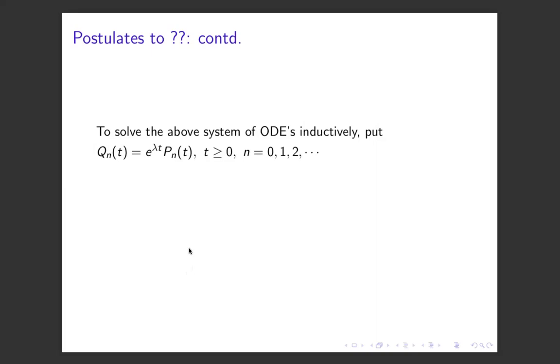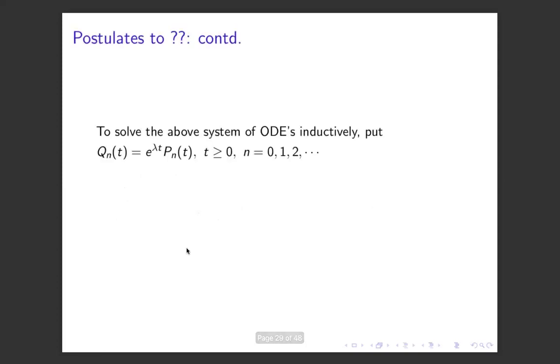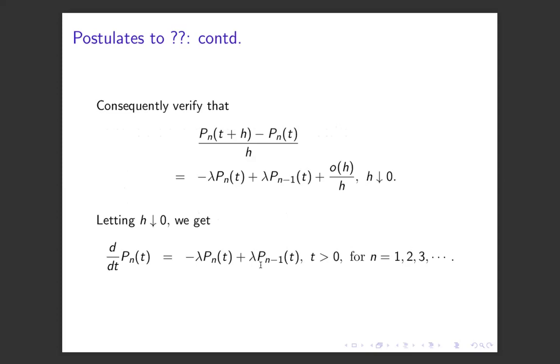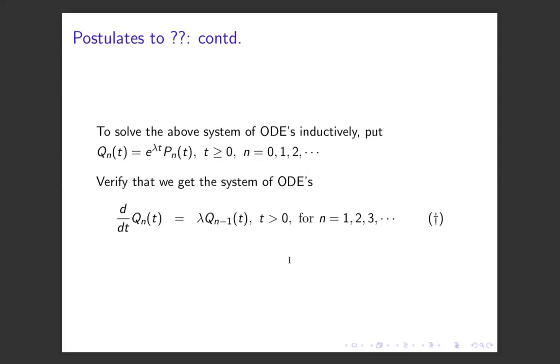Then if you differentiate Q_n, one gets, and using this equation, one sees that we get this equation: the derivative of Q_n at t is lambda times Q_{n-1}.